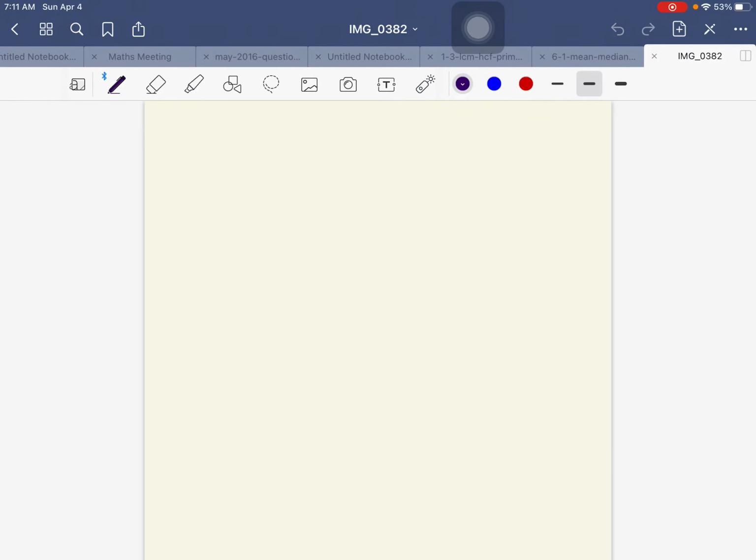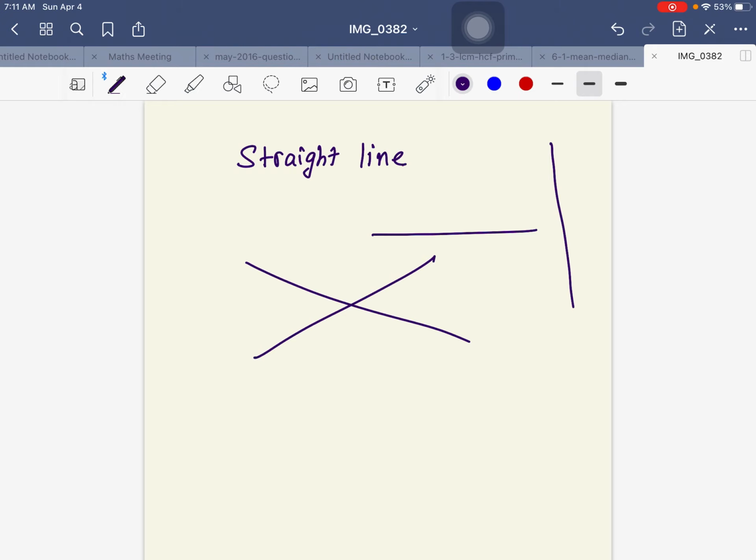So when we talk about a straight line, definitely it's a straight line, means going horizontally straight, going vertically straight, inclined like this.